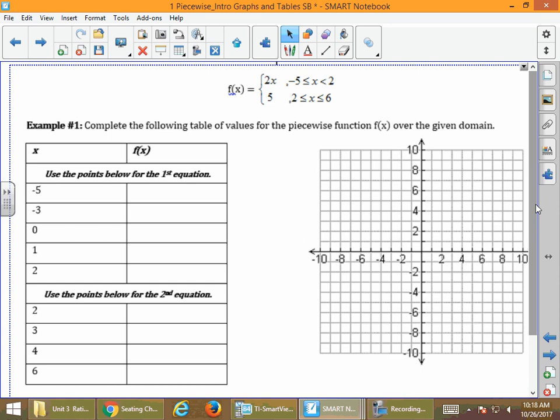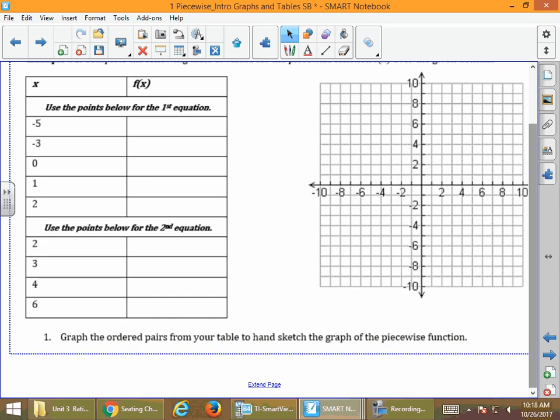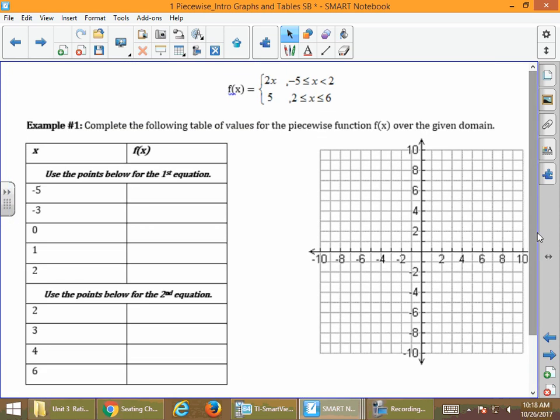The first part says, use the points below to graph the first equation. So our first equation is up here at 2x. We're going to put -5 back into our function for 2x, replacing that x with -5. Then we're going to do the same thing, replacing x with -3, and replacing x with 0.